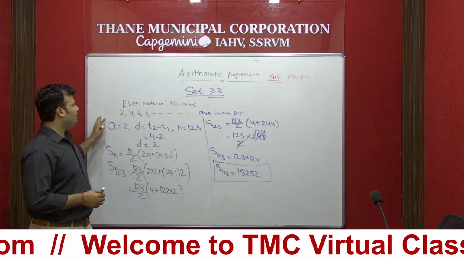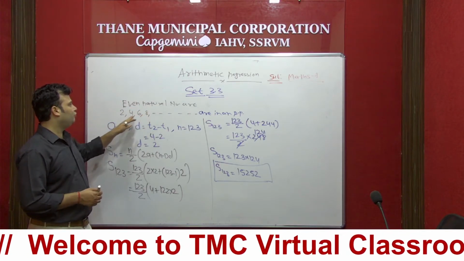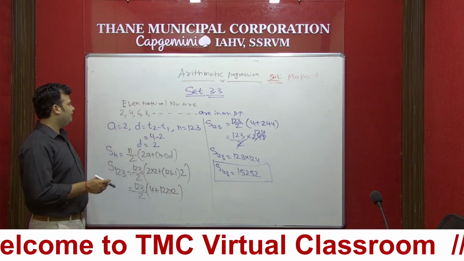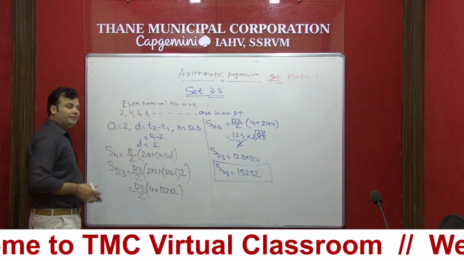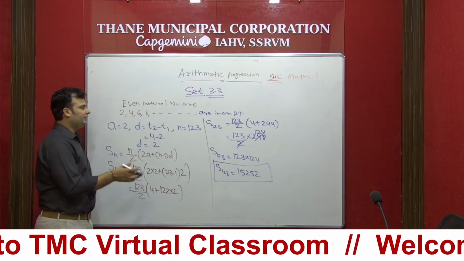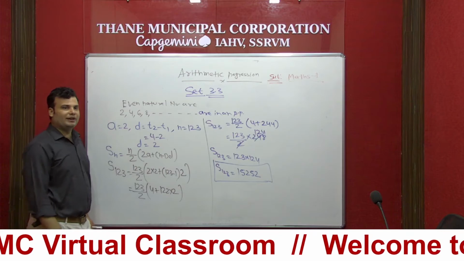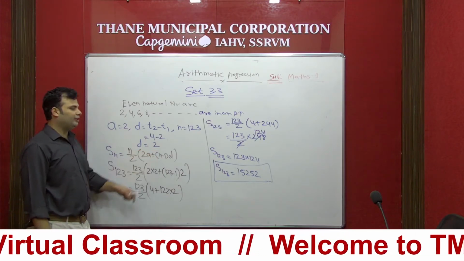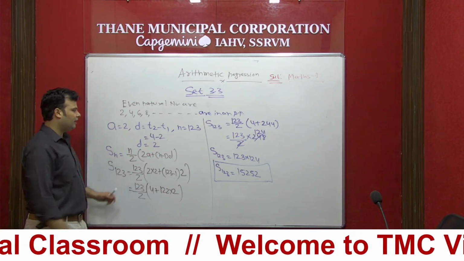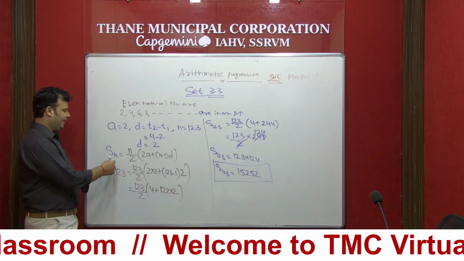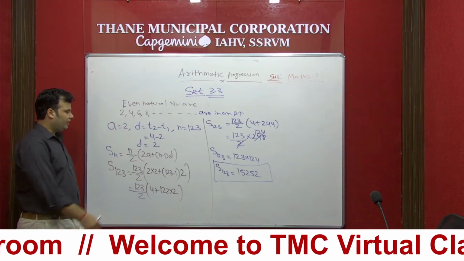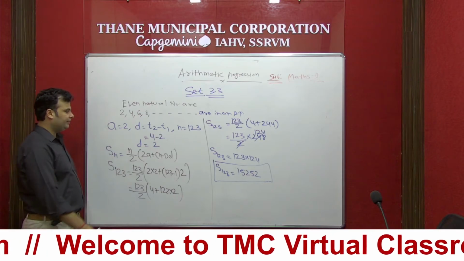So similarly, even natural numbers 2, 4, 6, 8 are in AP. In this part, the first term is given. D we can find by the formula T2 minus T1. n is given 123 and d is given 2. So depending upon this formula, we have to find the value of Sn. n is given 123, so in place of n we put 123, 2a.